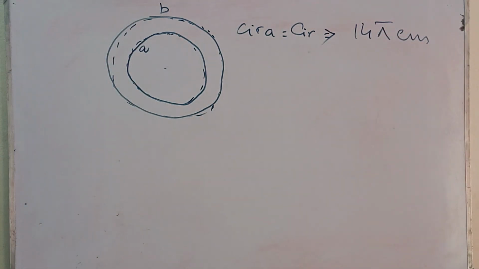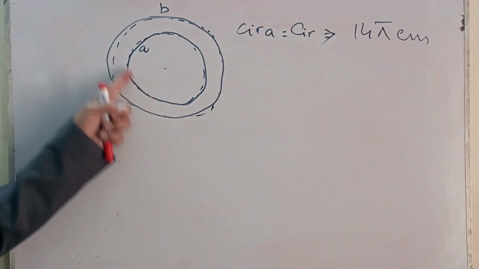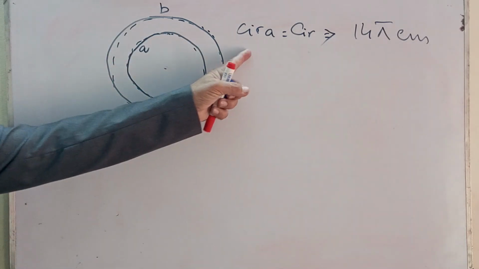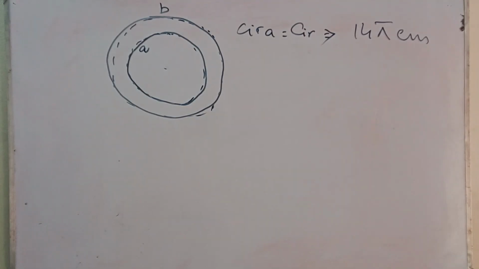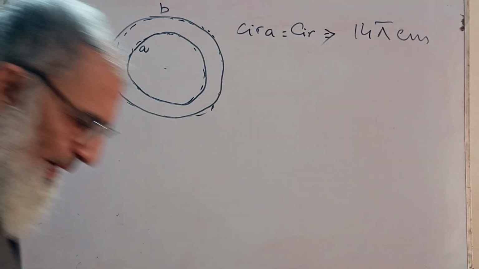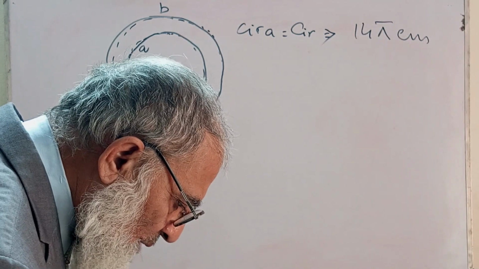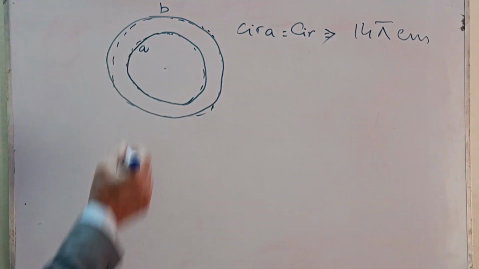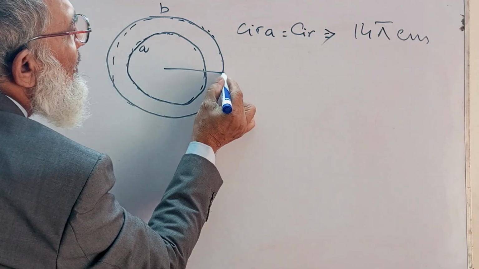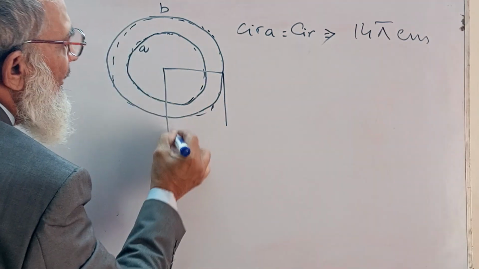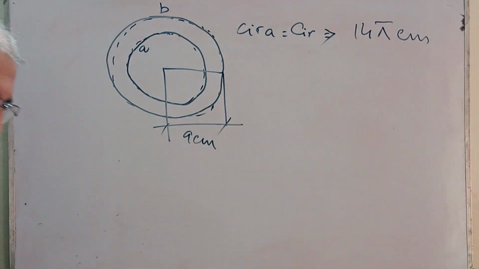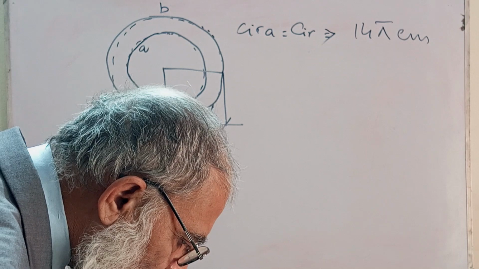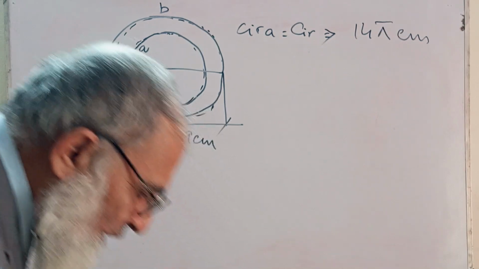And the outer circle has a radius of 9 centimeters. Now the radius of this circle is given, and that is 9 centimeters. Determine the exact area of the shaded portion.